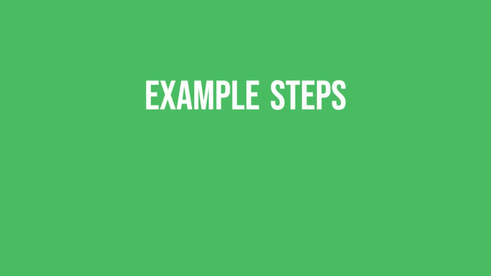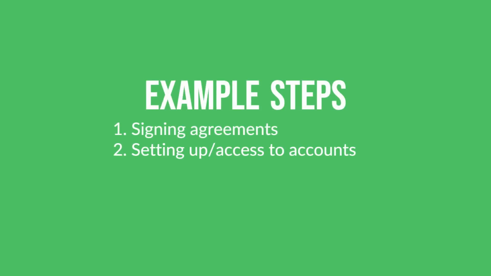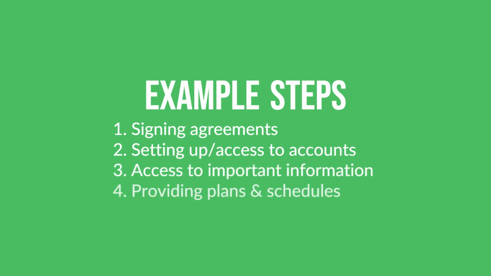You don't want to be unclear about what needs to go on. You need to be very clear about the next steps that either you or they need to actually take action on. So whether that's signing agreements, setting up accounts, getting access to accounts, accessing important information, giving them plans and schedules and getting agreements through, all these different elements you need to consider to make sure that you can provide the best services within the shortest time possible.